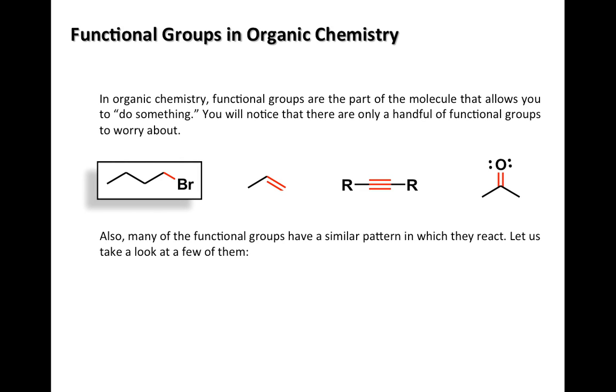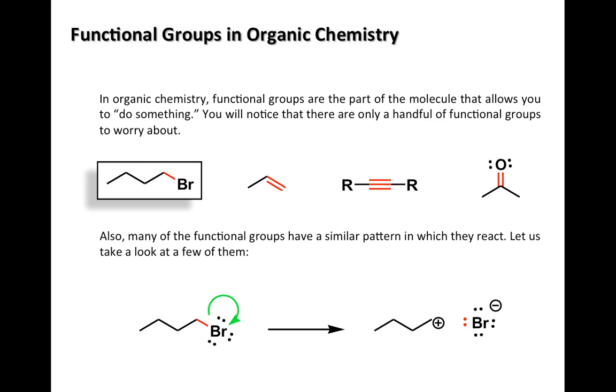The first one I want to look at are the alkyl halides. Let's look at it this way. We know bonds are just a pair of electrons. What if we broke that bond and took those two electrons and dumped them on one of the two atoms? In this case, if we have an alkyl halide, we could take the two electrons and dump them on the halogen, the reason being that the halogen is more electronegative than the carbon.